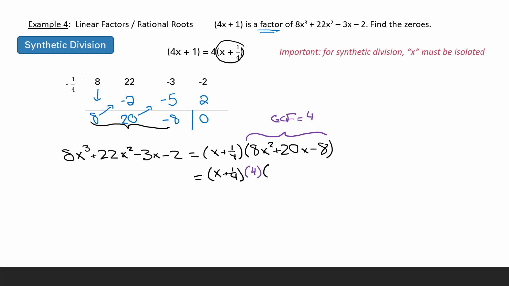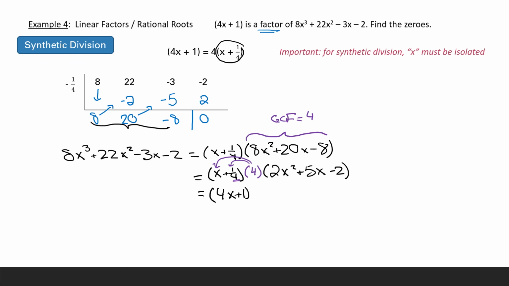So there's my 4. That leaves me with 2x squared plus 5x minus 2, since I'm factoring out a 4. So let's take this 4 and just distribute it in here. Then we'll get rid of this ugly fraction. So I have 4x plus 1.